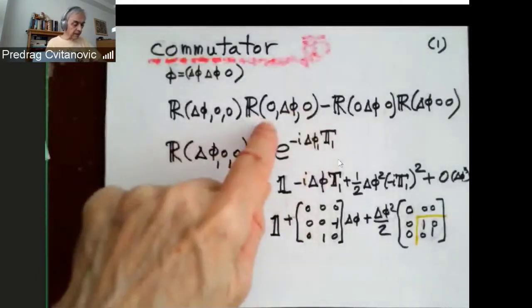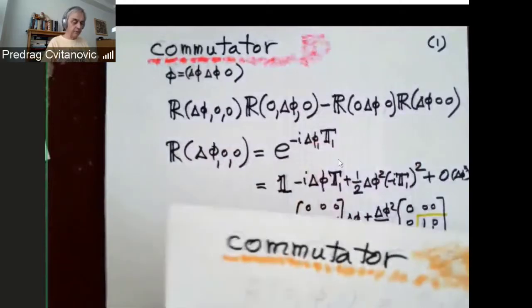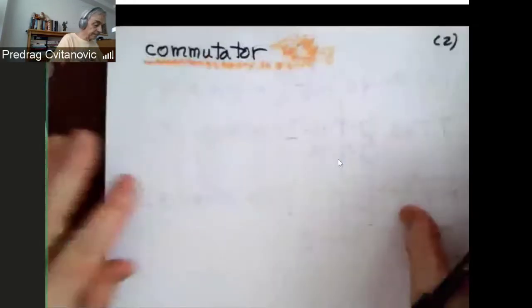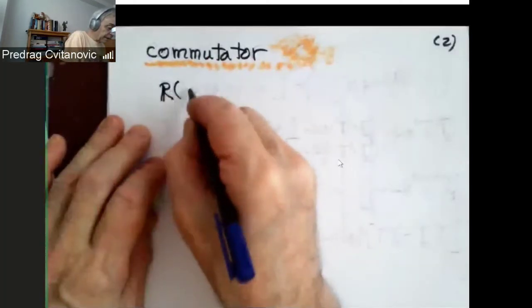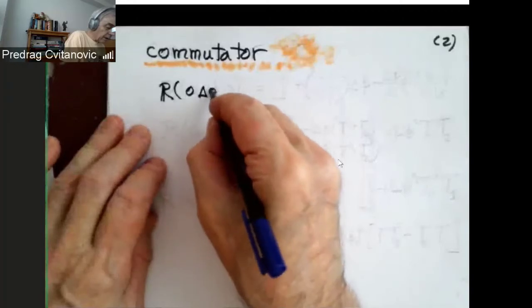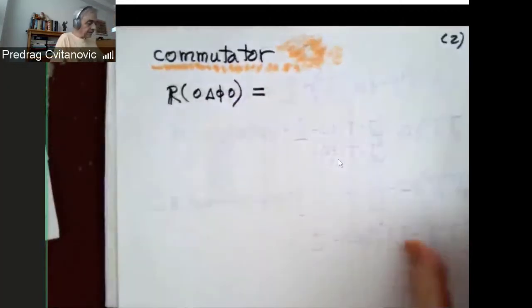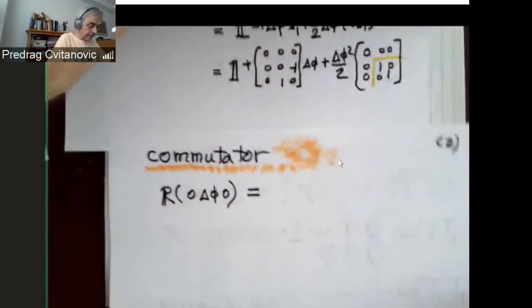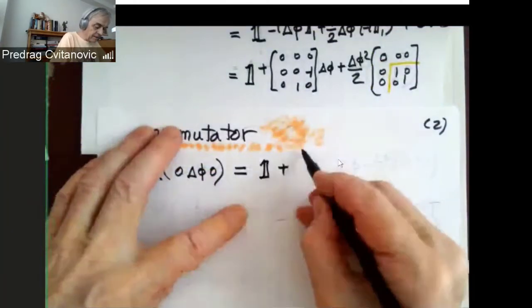Now I have to multiply them and subtract from it the other order of doing it. So I also need to know what happens if I rotate by the same angle around the y-axis. And that's just the same story. If there is an identity, there is a plus.